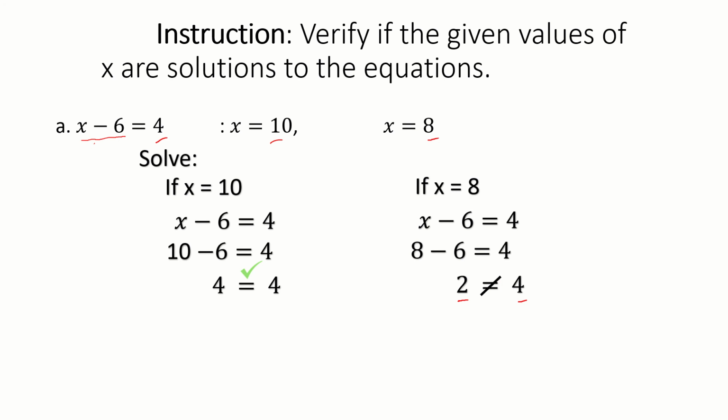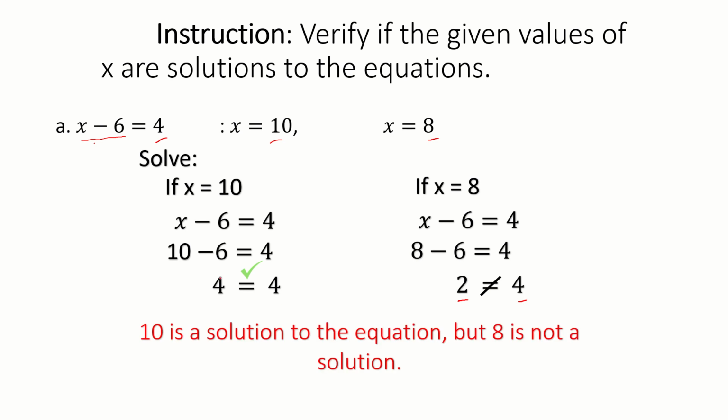So we put a slash as an indicator that they will not be equal. As a conclusion, 10 is a solution to the equation, but 8 is not a solution of our equation, because it will not make it a true statement. It will end up to be a false statement.